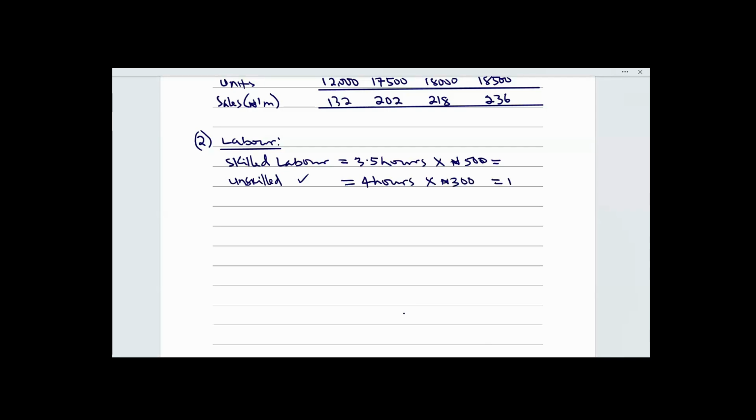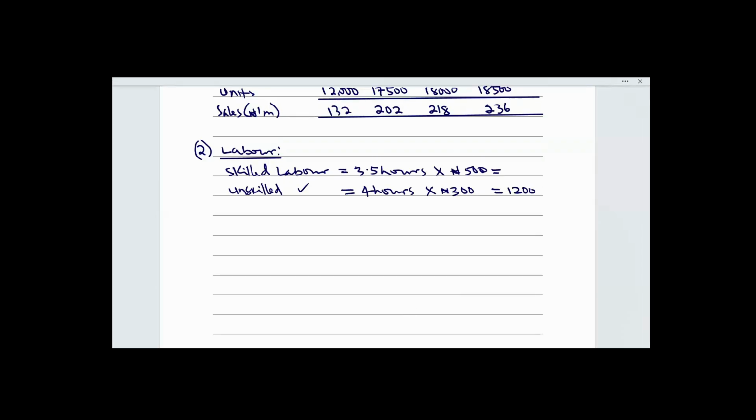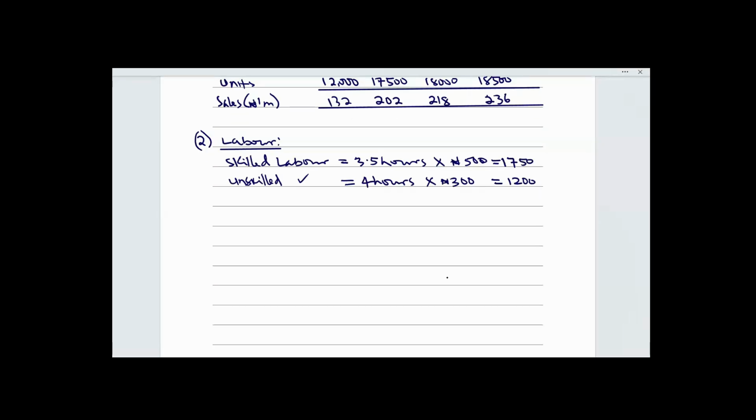This will give us 1,200. Then 3.5 times 500 is 1,750. When you add it up, that will give us 2,950. So this 2,950 is the first year price for labor cost.